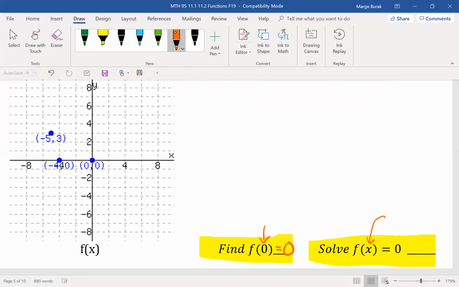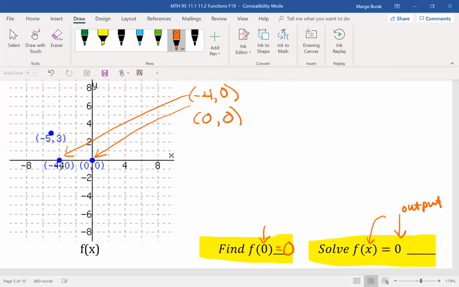So if we look at this, where it's right on the grid there, this point right here is negative 4, 0, and this point right here is 0, 0, and both of them have an output of 0.